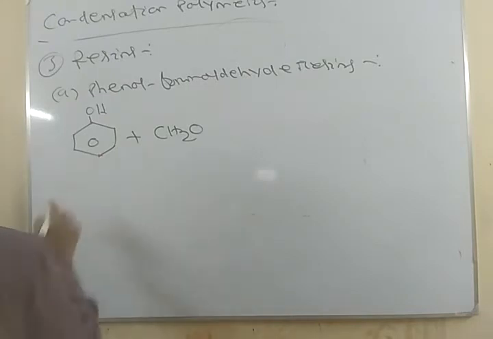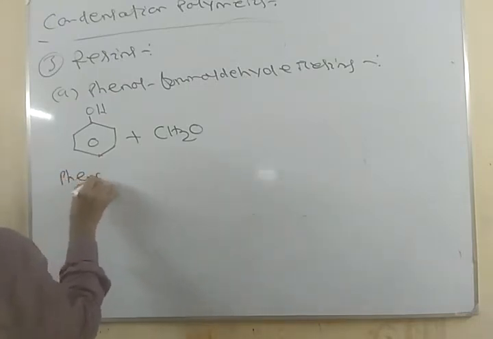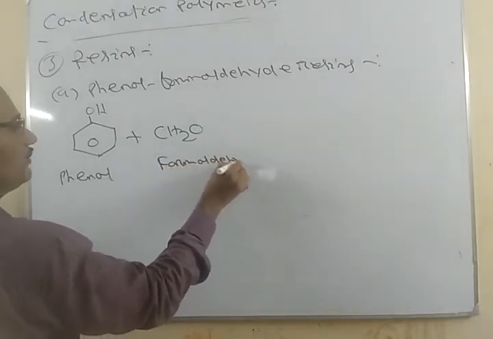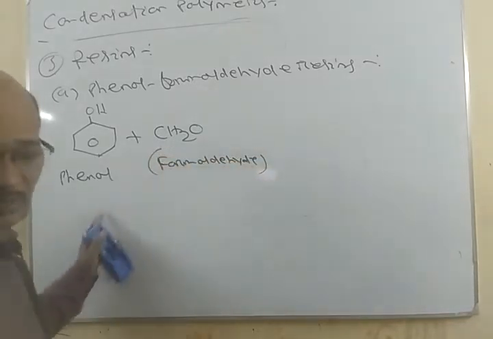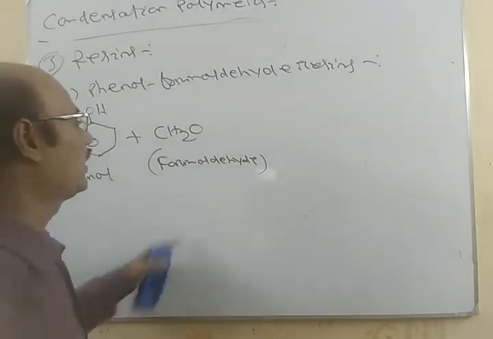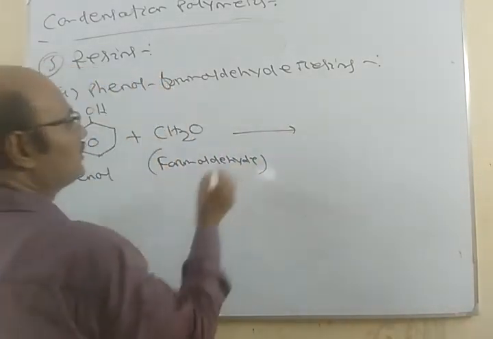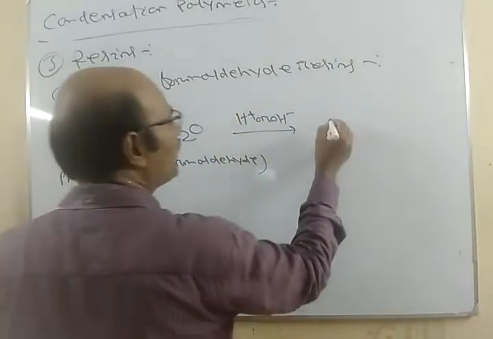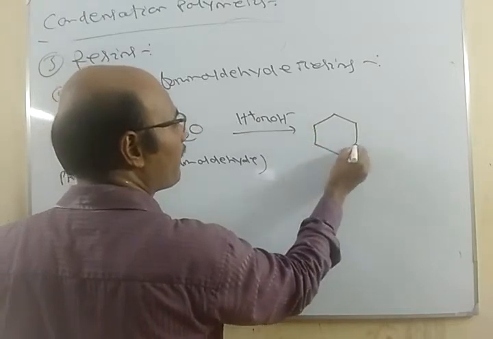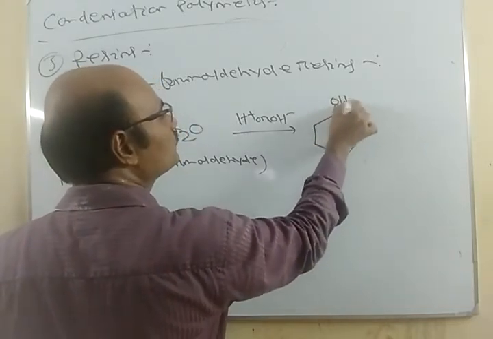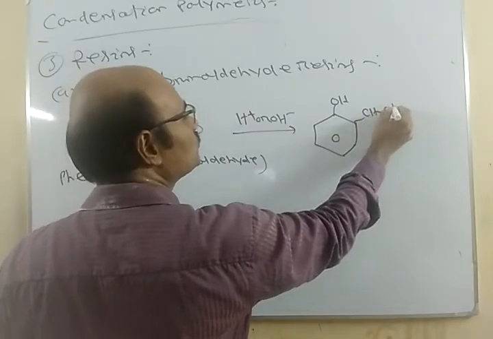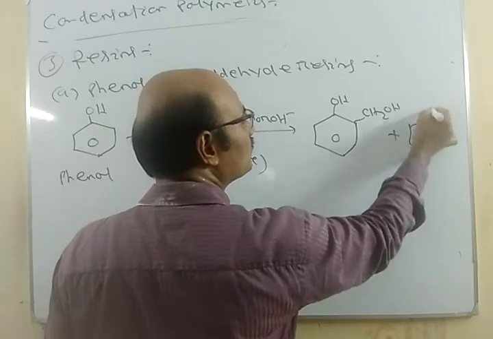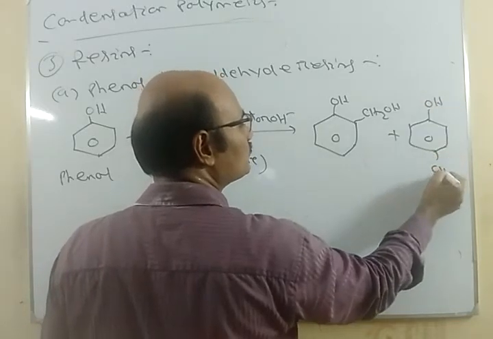Okay, this is phenol and formaldehyde. So when phenol and formaldehyde are reacting in presence of acid or base, we are getting what? OH, CH2OH plus OH, CH2OH.